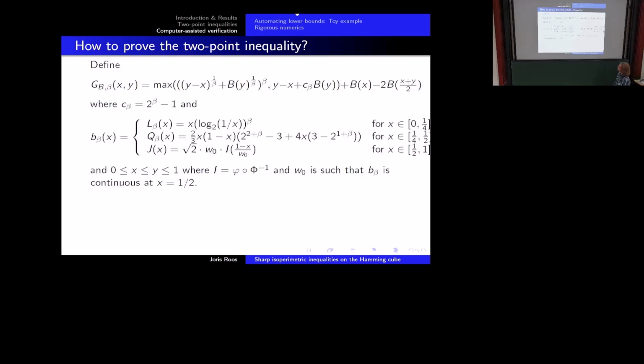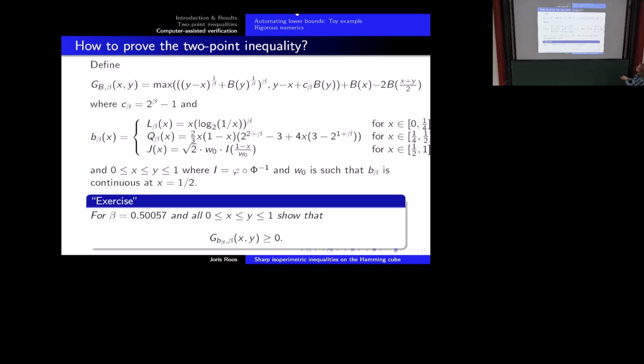It's not negative. And what is the function that I want to plug in? I'm going to plug in this funny function. So I'm going to plug in this piecewise defined function here for capital B everywhere. So now all I need to do is show that this is nonnegative for two variables x and y between 0 and 1. Beta is also a given number. And so you could think that, oh, this is a calculus exercise. I can give this to my calculus students.